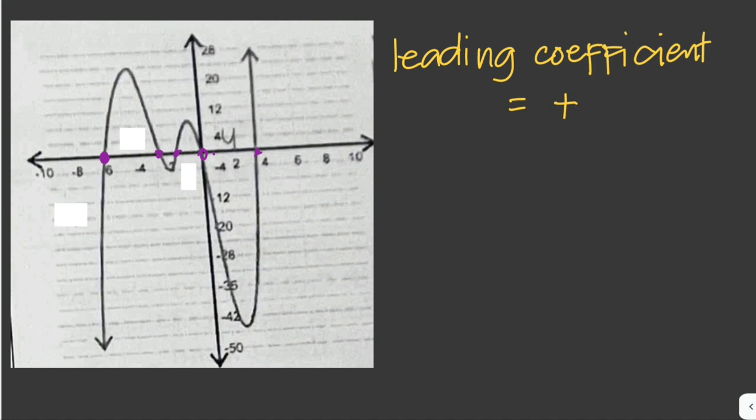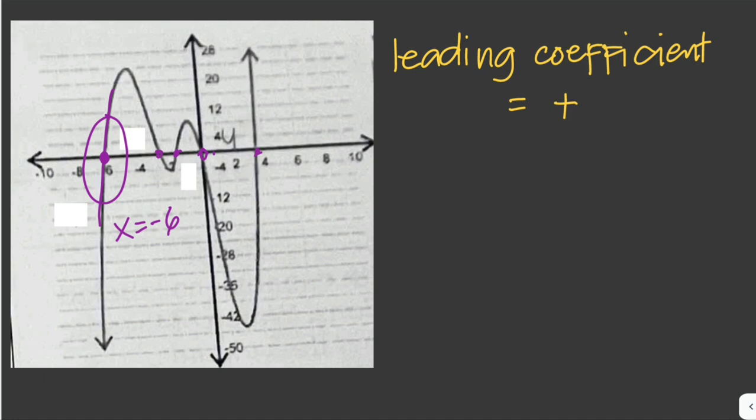And let's analyze the behavior of the graph at each of the zeros. So let's start here. At x equals -6, the graph just crosses the x-axis. It doesn't bounce off, and it isn't flattened.